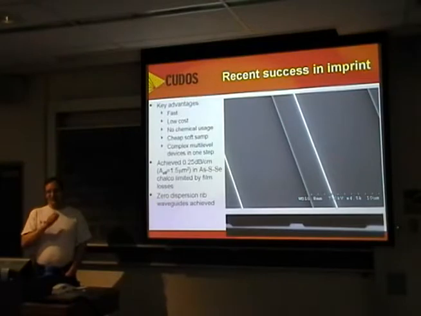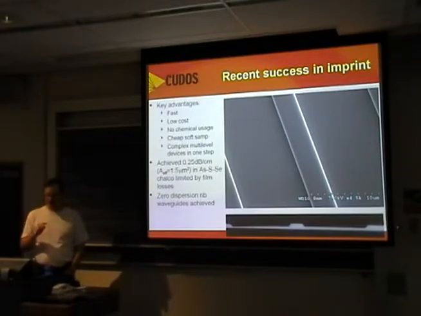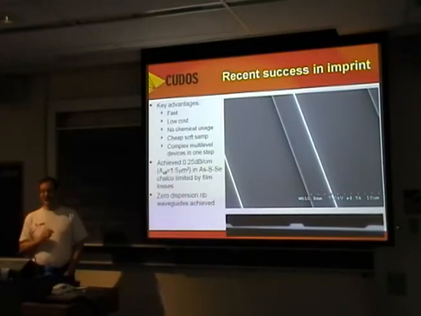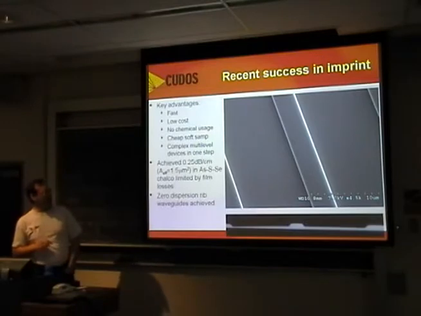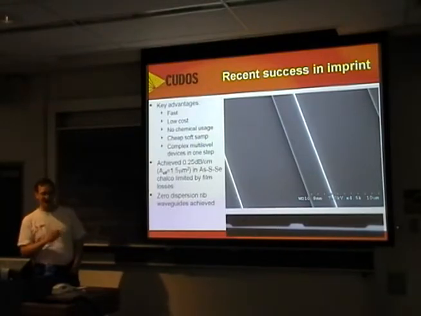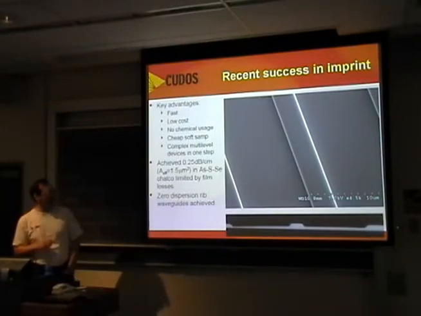Despite all that, there are still a lot of challenges in driving that loss down for those small mode areas, and I'll talk about that a little more in a moment, which drove us to look at some other options, and nano imprint was the one that we went after. This has a lot of advantages. It's fast, it's very low cost, it doesn't use any chemistry at all, which is a great benefit with chalcogenides.